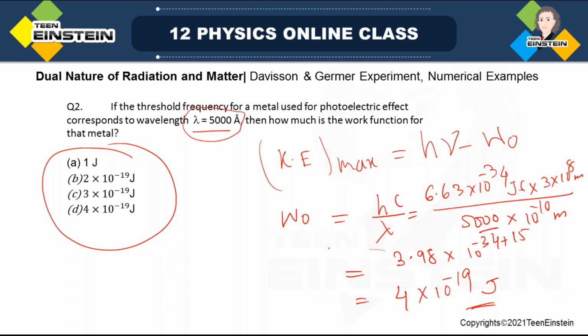So this will be the answer. What you have to do is make hc by lambda with whatever wavelength was given, then you will get the work function for that metal.